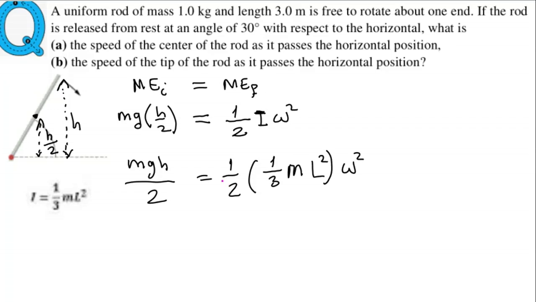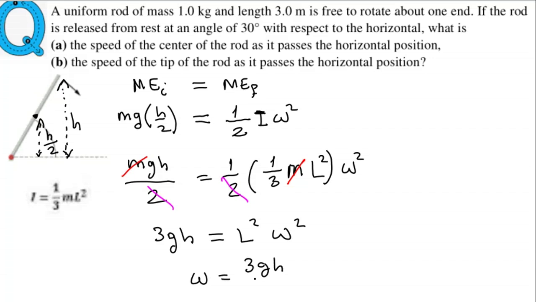After some simplification, 3 times gh equals L squared omega squared. So omega is the square root of 3gh over L squared.